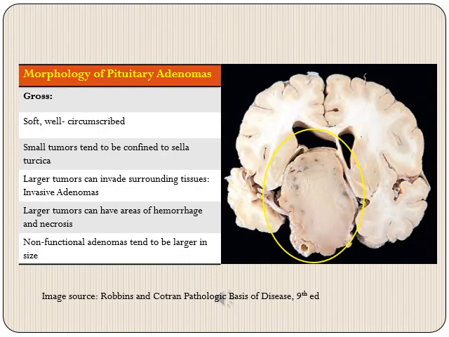Then morphology of pituitary adenomas. Grossly, these are soft tumors and are well circumscribed, just like any benign tumors, and small tumors tend to be confined to the sella turcica. Larger tumors can sometimes invade surrounding tissues, and are then called invasive adenomas. The large tumors can have areas of hemorrhage and necrosis, and non-functional adenomas tend to be larger in size.